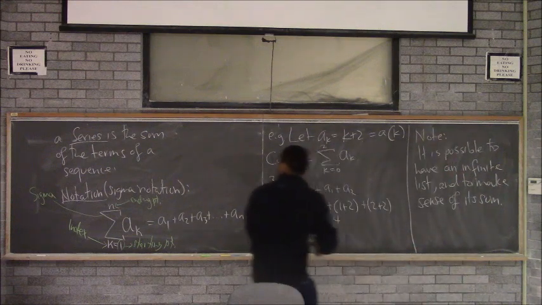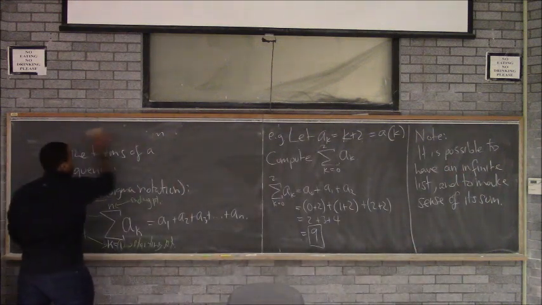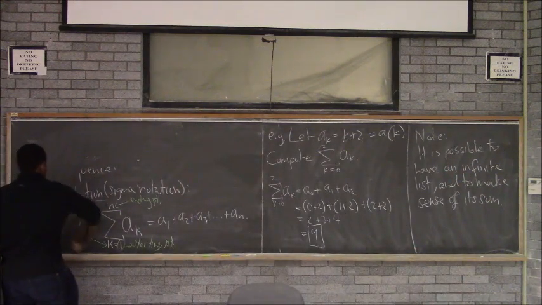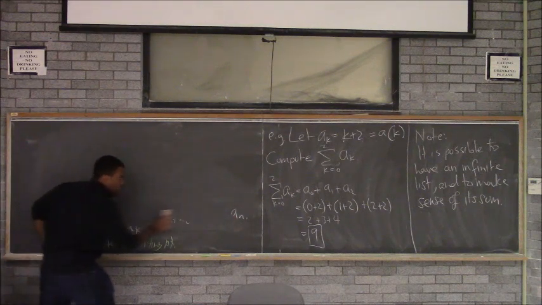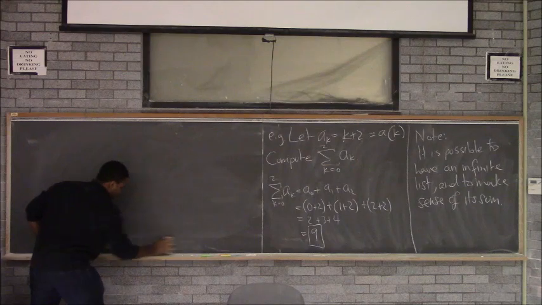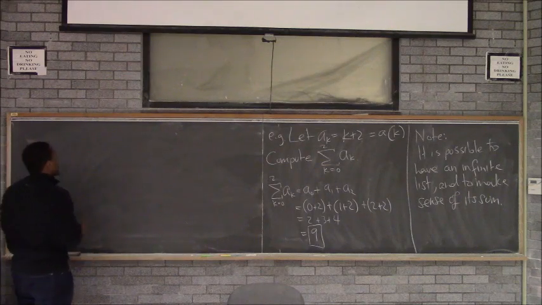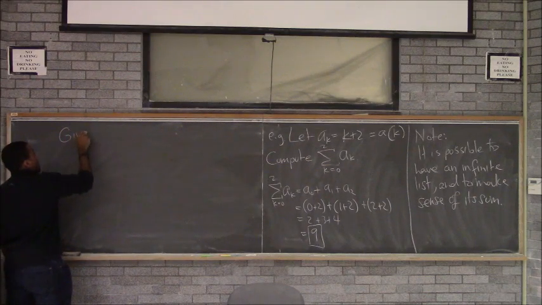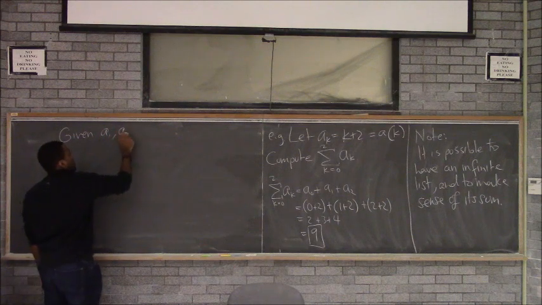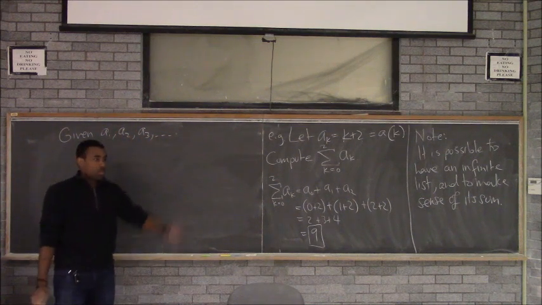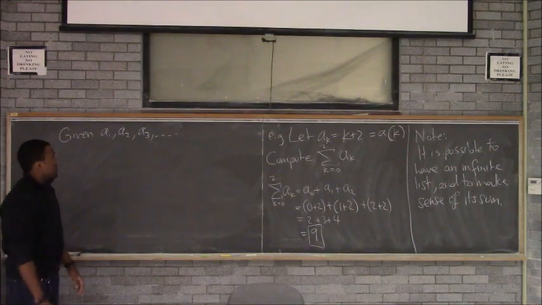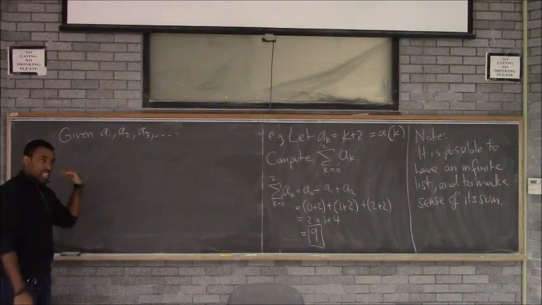So, for example, I can have a formula that is giving me a bunch of numbers and it just keeps going. Like the list just keeps going on forever. So, given A1, A2, A3, and it keeps going, right? There's some way that I'm generating a bunch of numbers in a list that just keeps going.